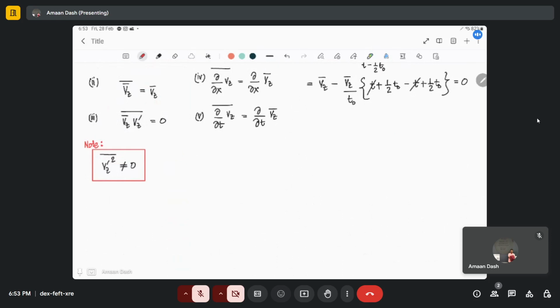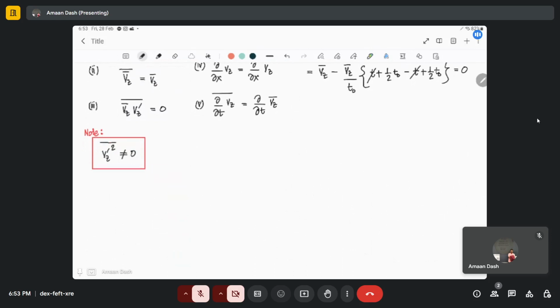When we take the product of fluctuations, it is not equal to zero. Each term on average becomes zero, but when we take the product, it sometimes gets amplified, and it will not be zero on average. So you have to keep that in mind.